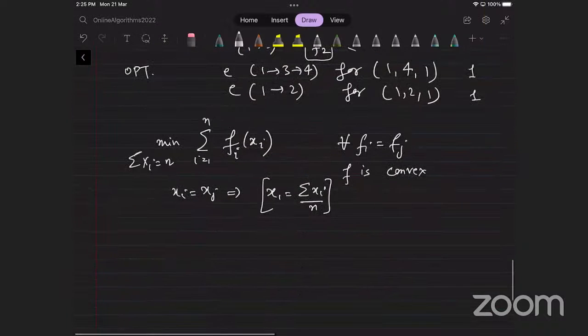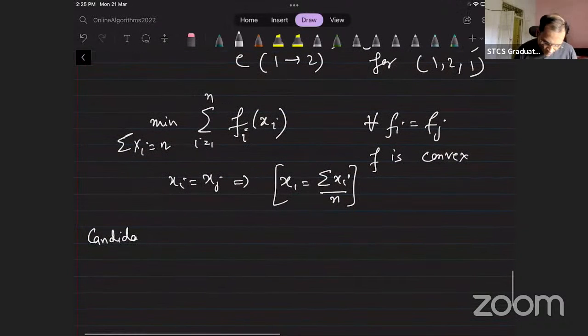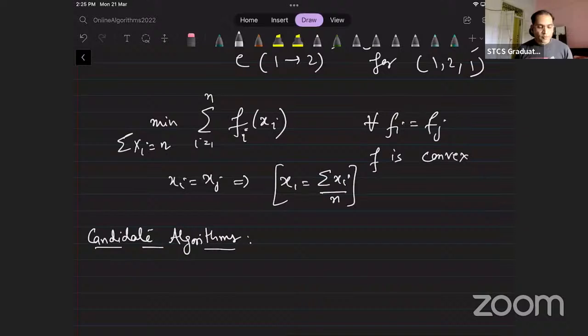Yes. All right. So now, candidate algorithms. Anything which comes to mind, what we should do? What is the information available on the kth request arrival? What have you done in the past? You already assigned these requests. You are not allowed to change those requests.